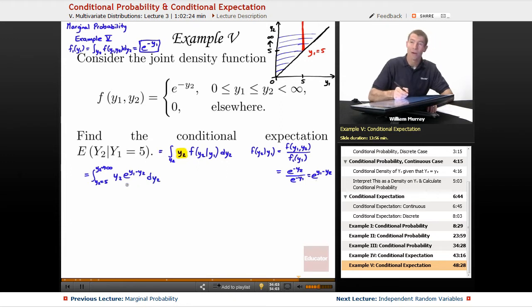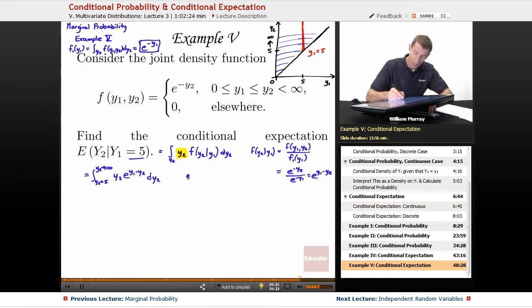Now, I don't want to see a y1 in here. I want to be integrating with respect to y2 because I need to get a numerical answer, and I'm integrating only with respect to y2. So I'm not comfortable with that y1 in there, but I'm given that y1 is equal to 5.